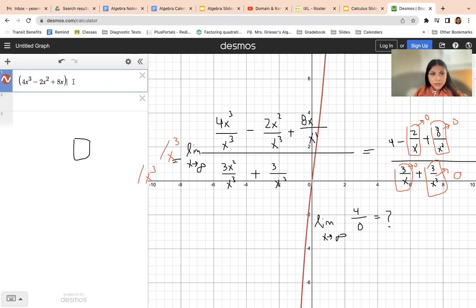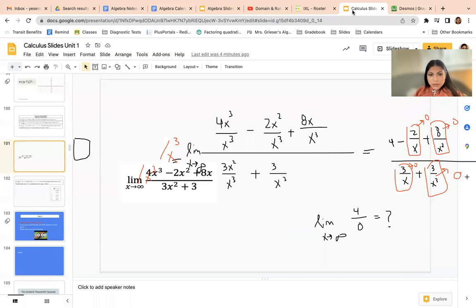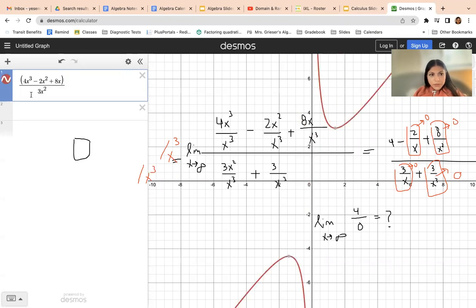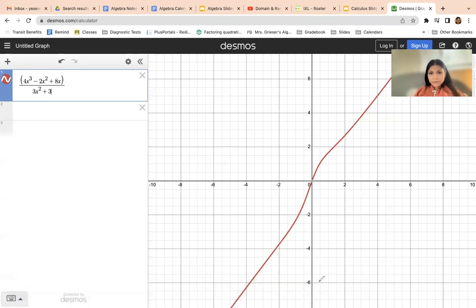That's all going to be divided by 3x squared plus 3. Now let me clear my screen so we can see what's going on here.